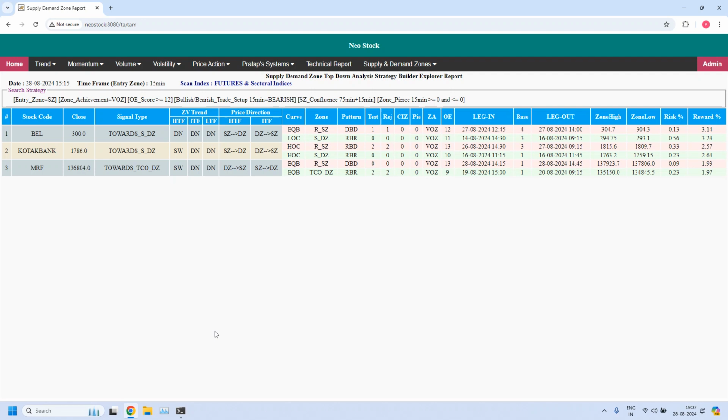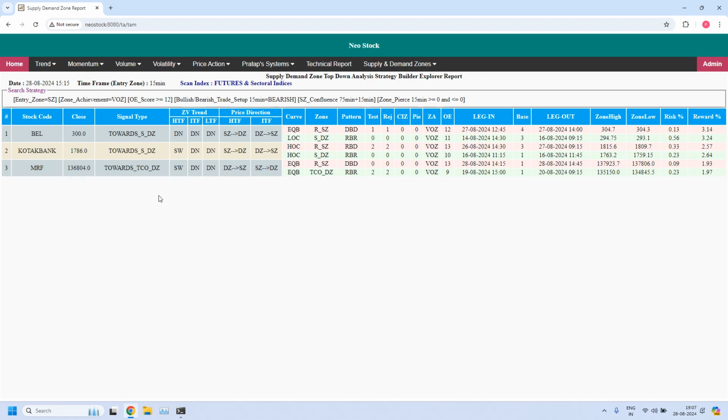And all the 3 supply zones are high liquidity zones, and they have good RR. Okay, now let us verify whether any of these 75 minute zones are having confluence with daily EMA.